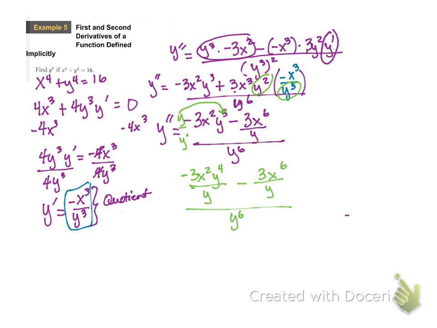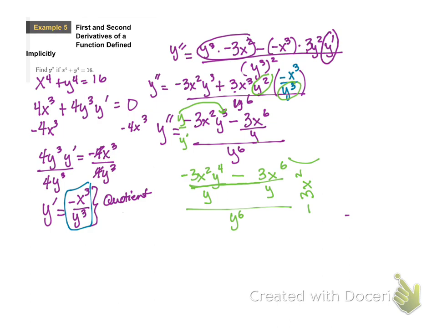I could condense all of that into one fraction, in which case I can factor out something really dandy. What could I factor out? A negative 3x squared, actually. When I pull out that negative 3x squared, what's left in the top?